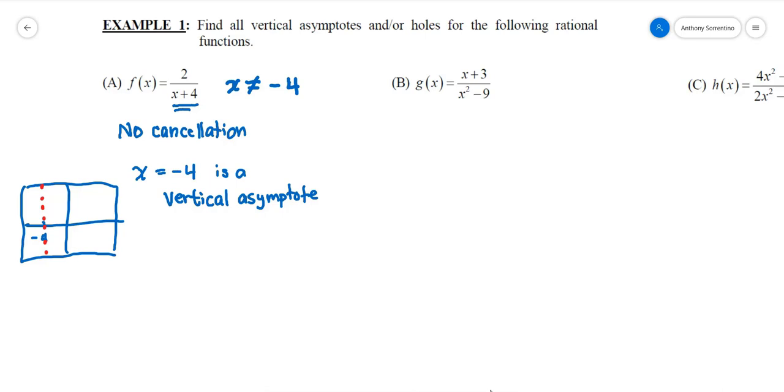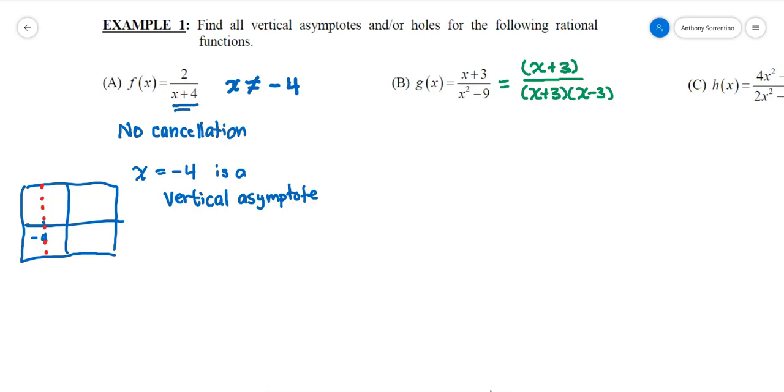For g of x, whether I factor the bottom or not, I could probably figure out what values of x would make the bottom 0. But just for the sake of argument, and this also helps for the discussion we're having here, I can factor the bottom into x plus 3 times x minus 3, and I'm just going to put a parenthesis up here as well.